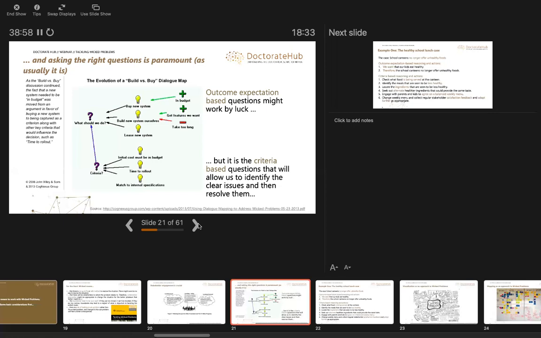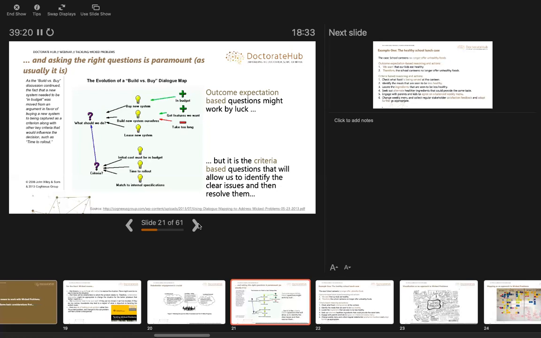Or what are the internal specifications, the crucial requirements that must be met? And can any of the systems that we can buy off the shelf get us there? Or does that immediately mean we need to develop our own system? Or does it mean we will need to consider either developing a new system or using an open source system that can be customized?